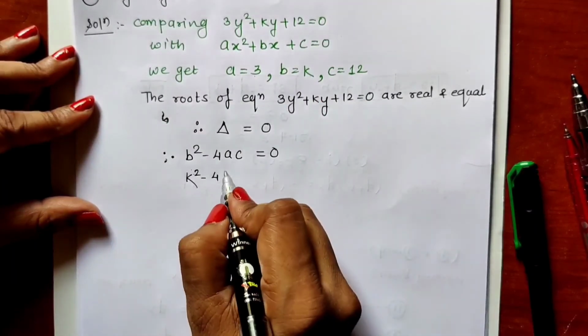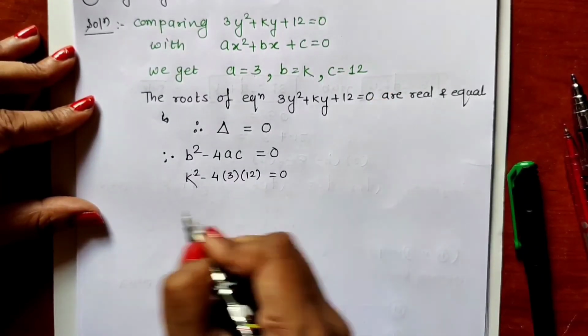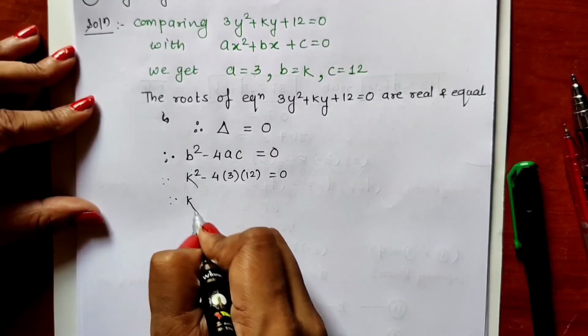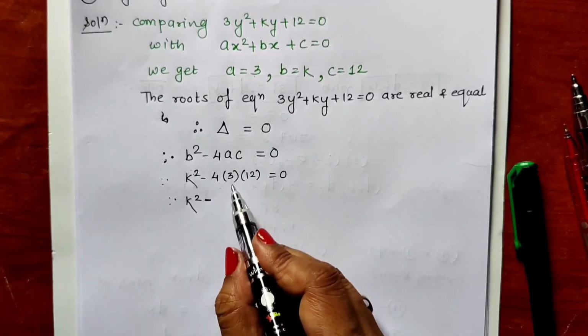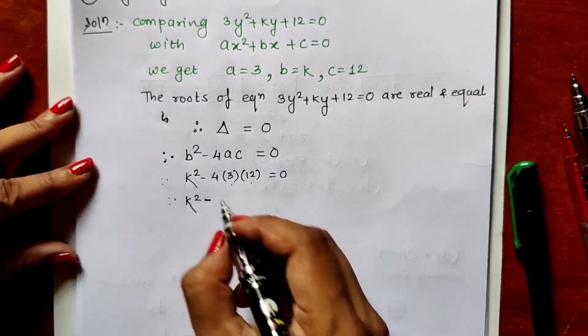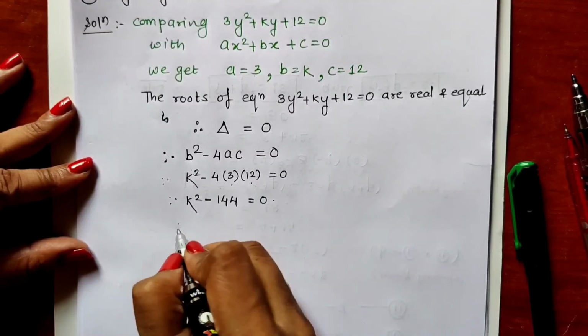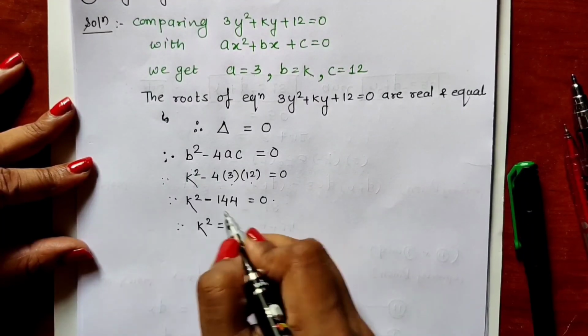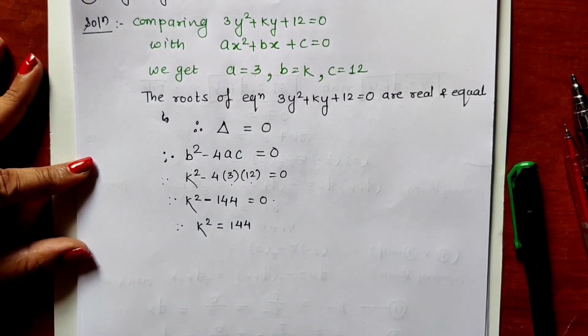A is 3. C is 12, equal to 0. Therefore k square minus, first we will multiply, 4 into 3 is 12 and 12 12s are 144, is equal to 0. Therefore k square is equal to this 144, bring on right hand side, it becomes plus 144.